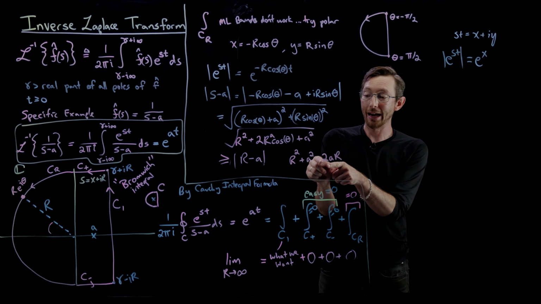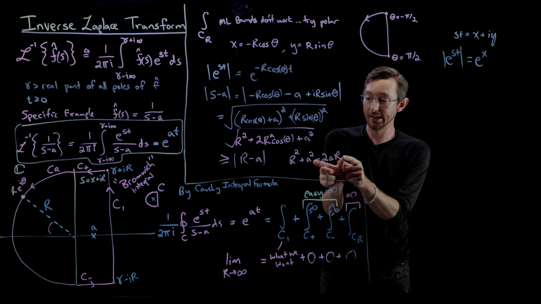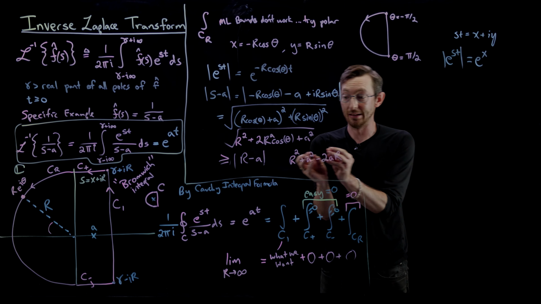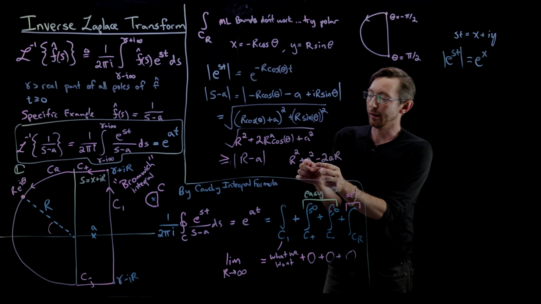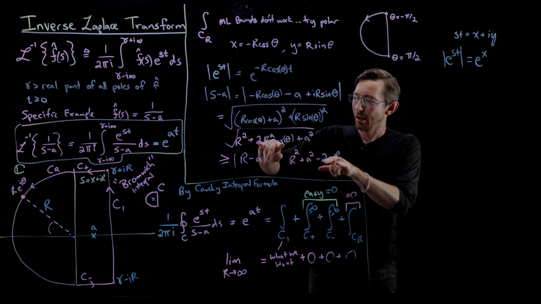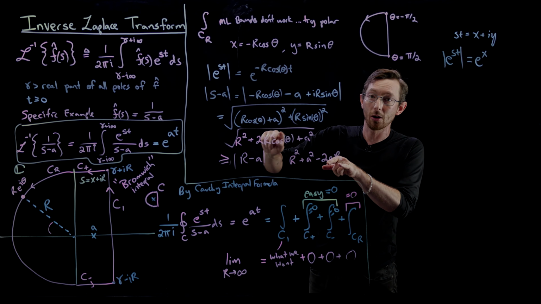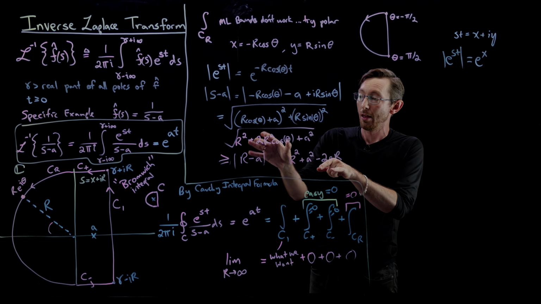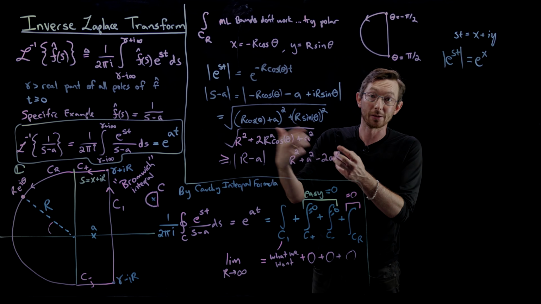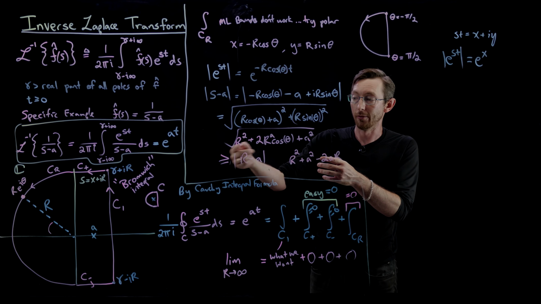And this is minus 2ar. So this thing is always detracting from the norm. It's making it smaller. And unless cosine of theta is exactly equal to -1, this term is detracting less, or maybe even adding to the norm of r minus a.